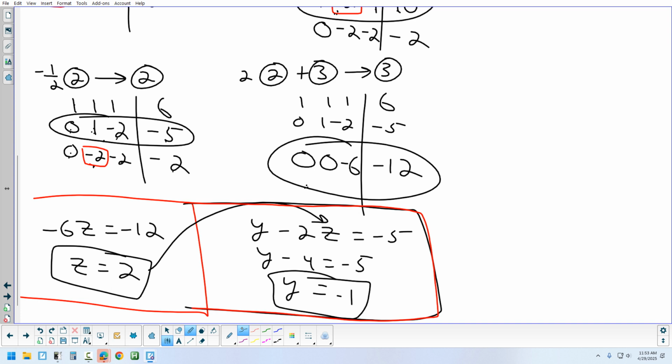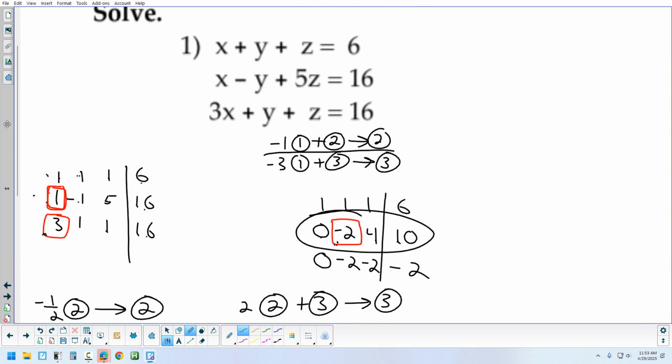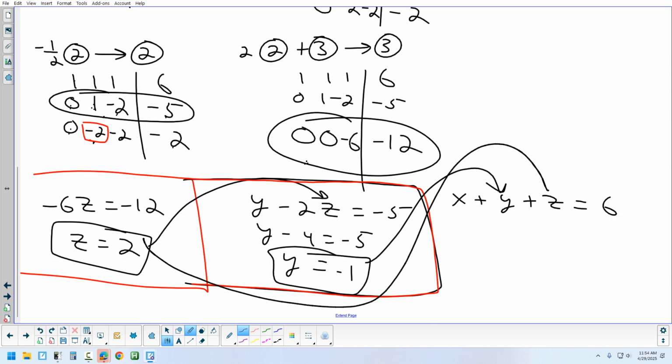Now, third answer, I would just go all the way back to the top row. x plus y plus z equals 6. What did we get for y? Negative 1. What did we get for z? 2. Fill that in and see what we get.